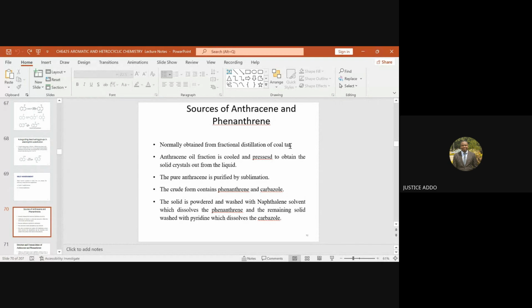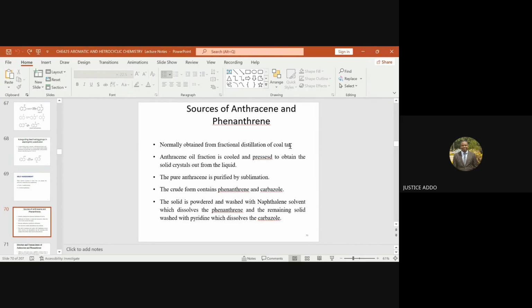So you see, in getting your pure anthracene, you need naphthalene solvent, which you have to add, and that will dissolve any traces of phenanthrene that is found in the anthracene.